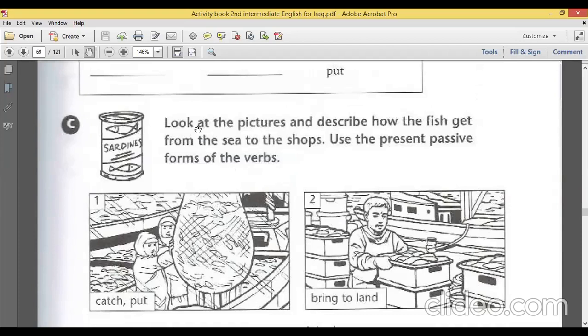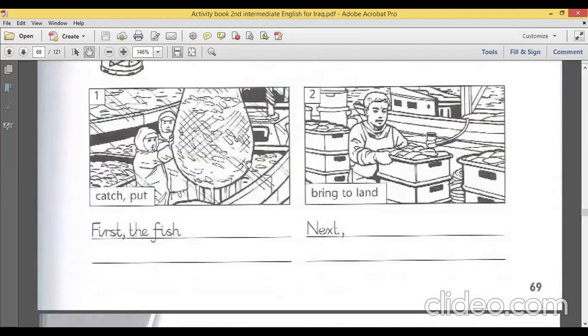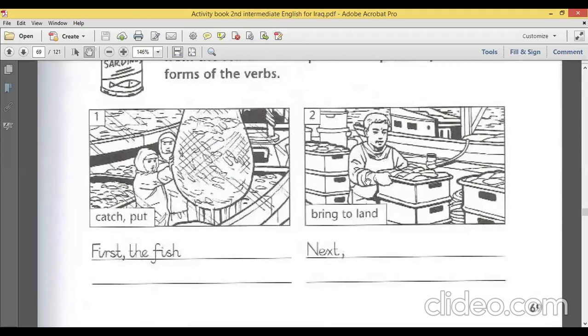Let me explain this. In this exercise, you have to look at the pictures and describe how the fish get from the sea to the shops. Use the present passive form of the verbs. You have these verbs that can help you in your answer, right?